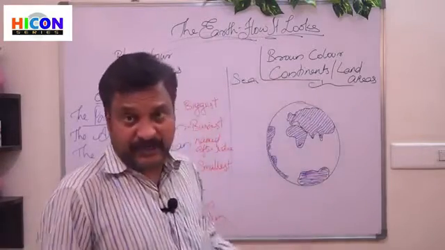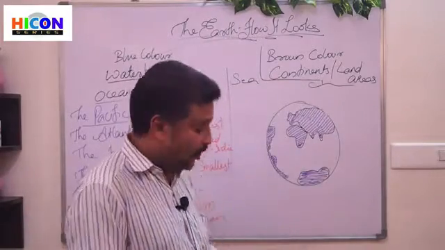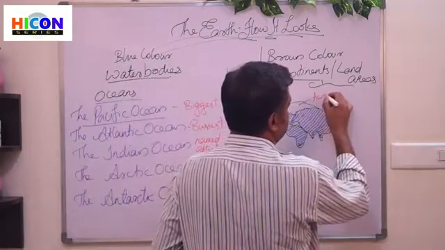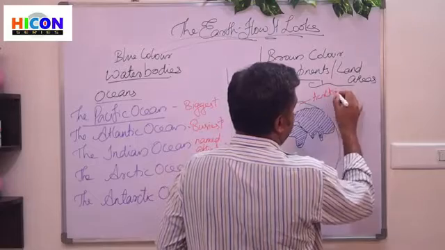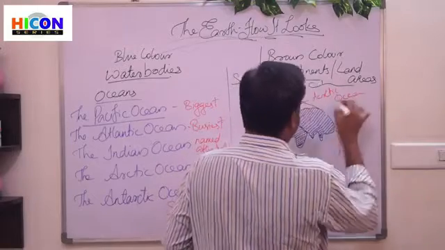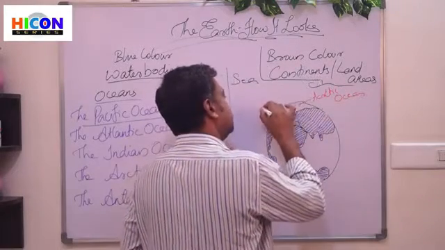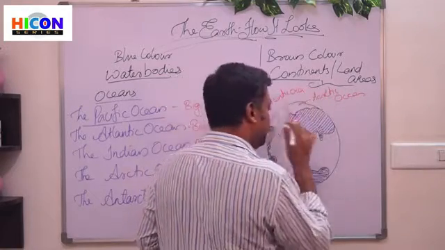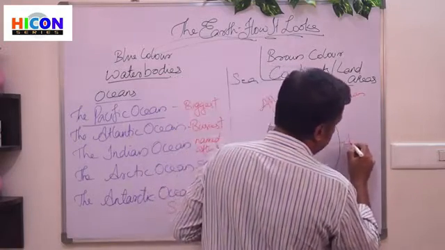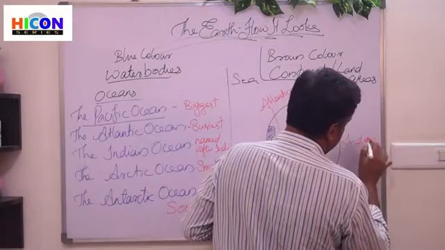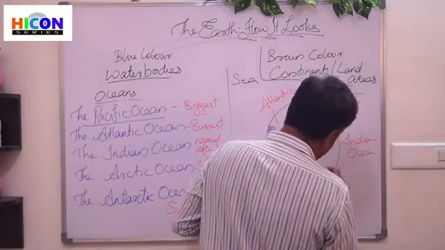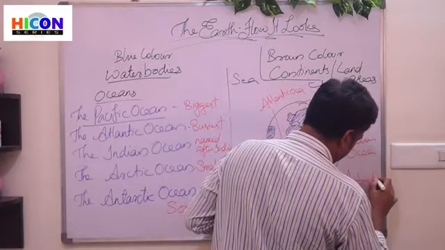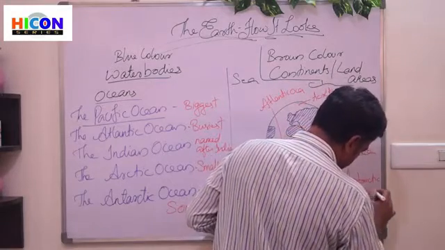So as far as what we have seen just now about the oceans, we can say this is Arctic Ocean, this is Atlantic Ocean, this is Indian Ocean, and this is Antarctic Ocean.